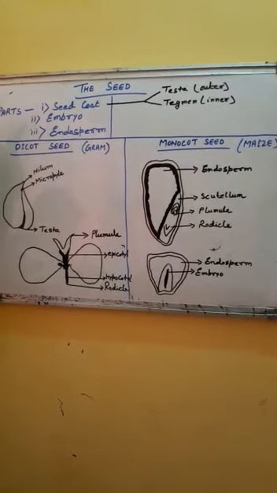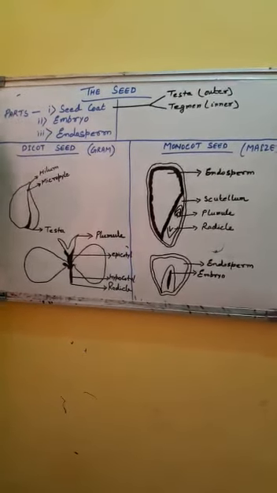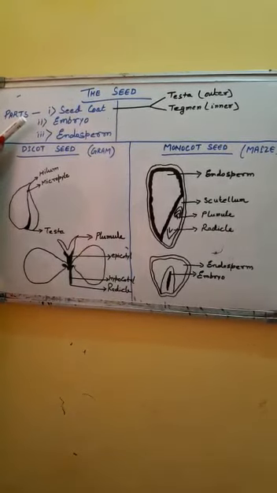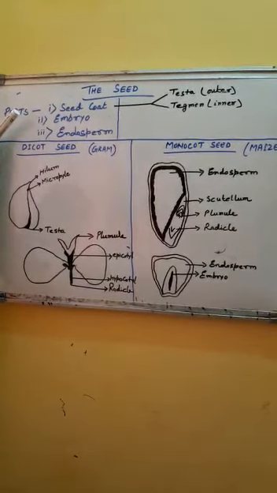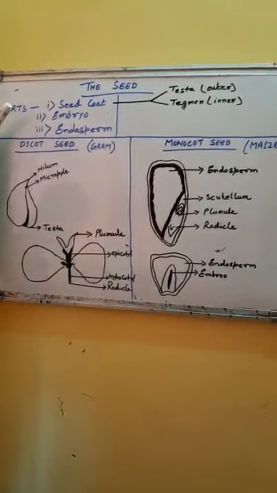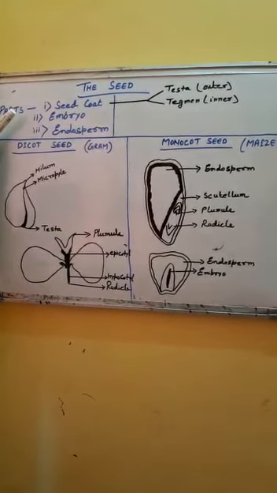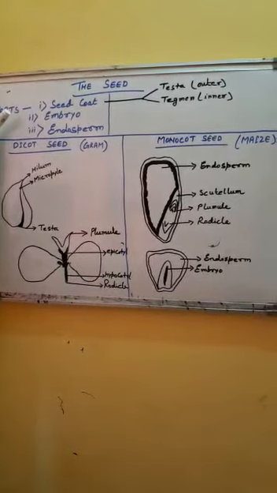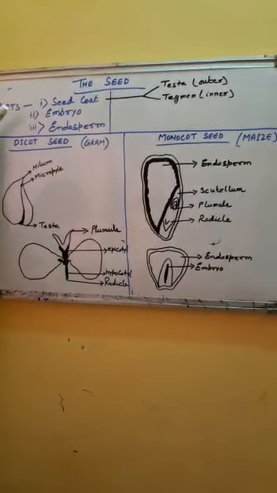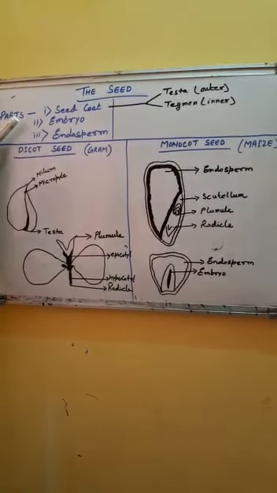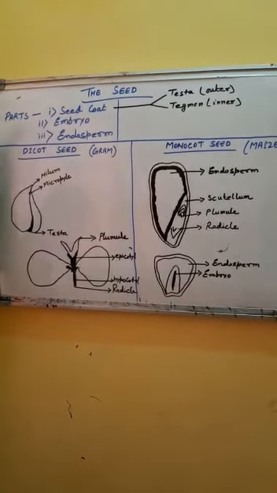Sometimes they do not store food and then they remain thin. The second part of embryo is called tigellum. It is the main axis of embryo having radicle on one side which grows as root and plumule on the other side which develops as shoot.